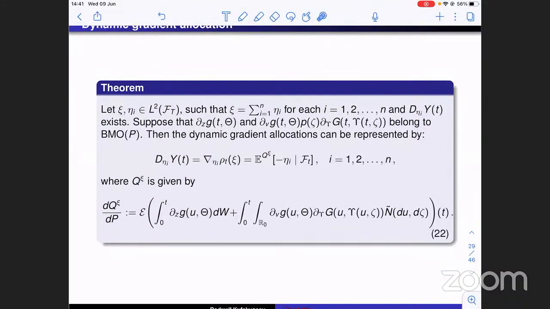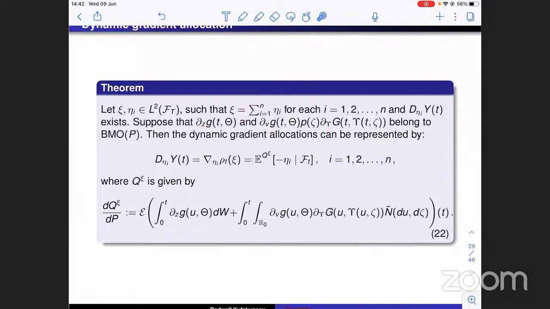So the D will be a generalization now. The D is the Malliavin gradient, where you will see that for the generator, we are using delta here, but it's also the same using D, partial derivative with respect to these components here.